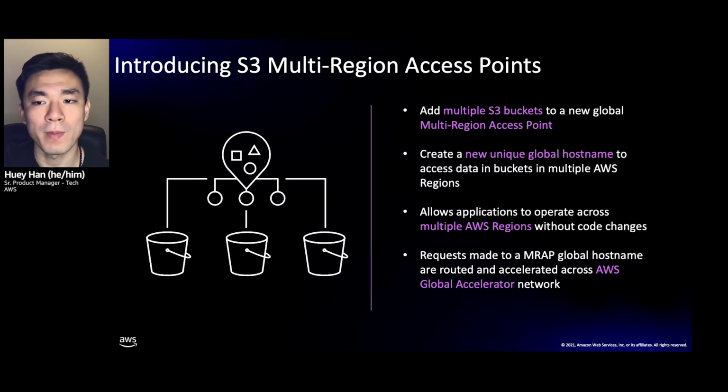And for those of you who might not be familiar with it, AWS Global Accelerator is a networking service that improves the performance of your users' traffic by up to 60% using AWS global network infrastructure. What the Multi-Region Access Point does is vastly simplify the development and maintenance of multi-region applications for you, since you can direct requests to this one Multi-Region Access Point endpoint and have S3 do all the hard work of routing and optimizing latency for you.